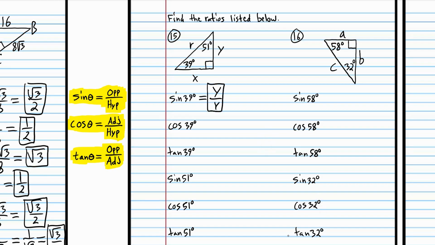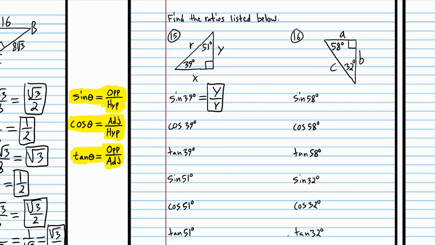So in this problem, we know the angle and we don't know the sides. In the other problems, we knew the sides, but we didn't know the angles. But again, you're just getting used to what these expressions are asking us to find. That's the most important thing in this entire class today.